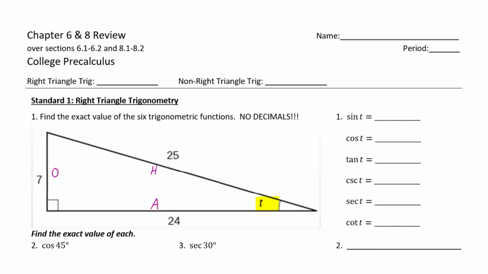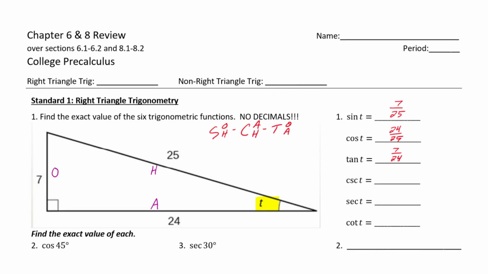So from SOHCAHTOA, which if it helps, you can always write next to the problem as well, as I've done here. Sine would be the opposite over the hypotenuse, so that would be 7 over 25. Cosine is adjacent over hypotenuse, so that would be 24 over 25. And tangent is the opposite over the adjacent, so 7 over 24.